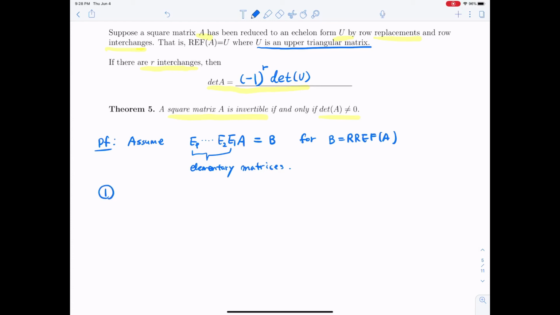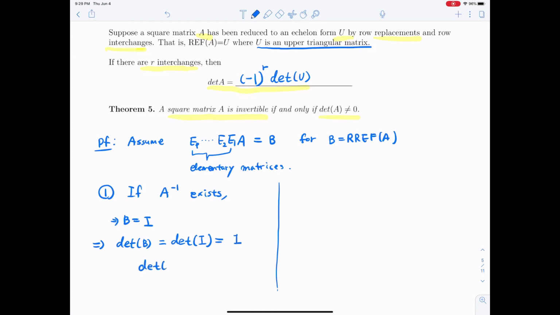So first of all, if A is invertible, then the reduced echelon form B equals I, or A can be reduced to the identity matrix. If you calculate the determinant of B, then this equals the determinant of the identity matrix, and this certainly equals 1, and this tells you the determinant of A is not equal to 0.